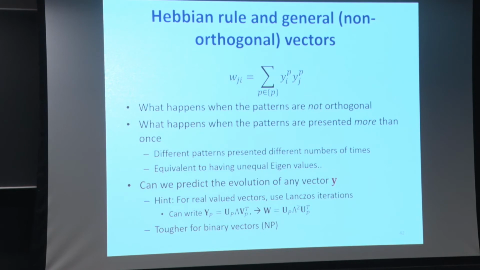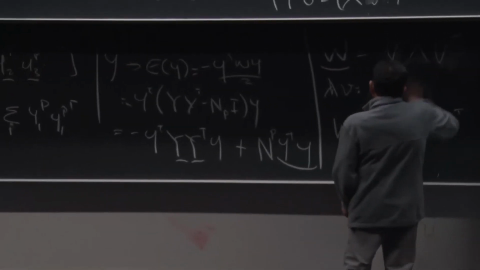I can go ahead and find the eigenvectors of W. Then I can represent every vector y as a linear combination of my eigenvectors. And then I can find out what happens when I repeatedly multiply that y by W, the weights matrix. Let me write this down.